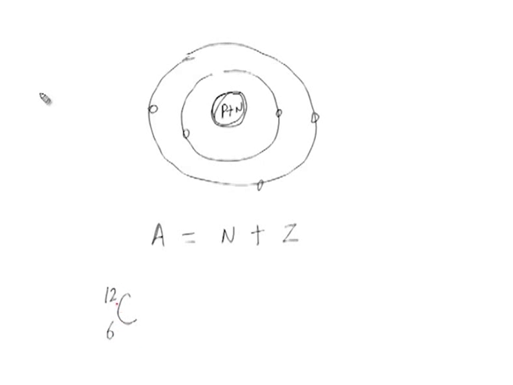So, if I say carbon, 12 is the atomic mass and 6 the protons. You can find out the neutron number by simply subtracting the atomic number from the atomic mass.